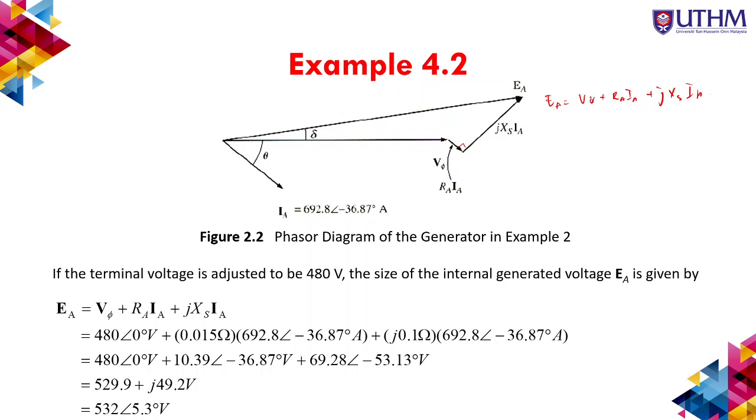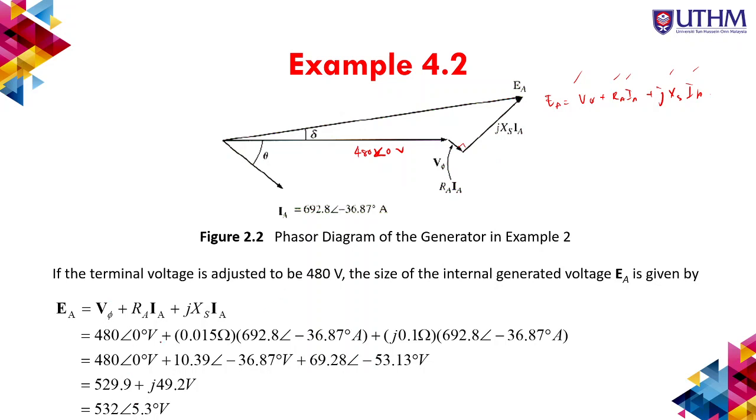Okay, V phase they say is 480 volt at angle 0. So this is known, RA is known, XS is known, IA is known, so we can get the EA.